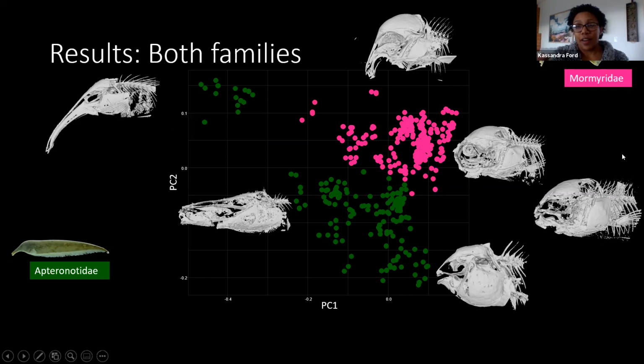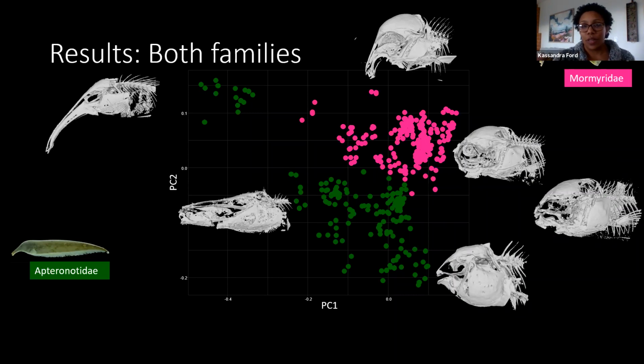On the other side of PC1, we have some of the short-snouted species of both Mormyridae and Apteronotidae. And looking at PC2 extreme values, we have short-snouted species like Petrocephalus, like Pollimyrus down here, versus Campylomyrus up here on the top of this particular graph.